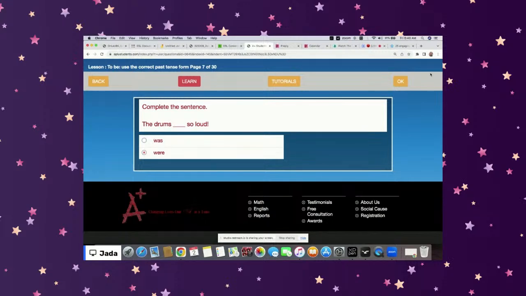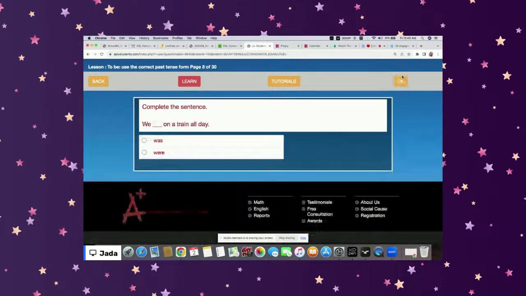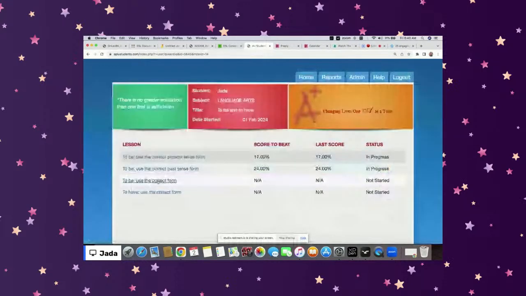The drums were so loud. Okay. So that's it for to be in the past tense form. Like I said, if you haven't done this lesson, make sure you complete it. Then in your next class, you're gonna have to use the correct form of to be and to have. So you will have two lessons next time, and then just complete the first two.